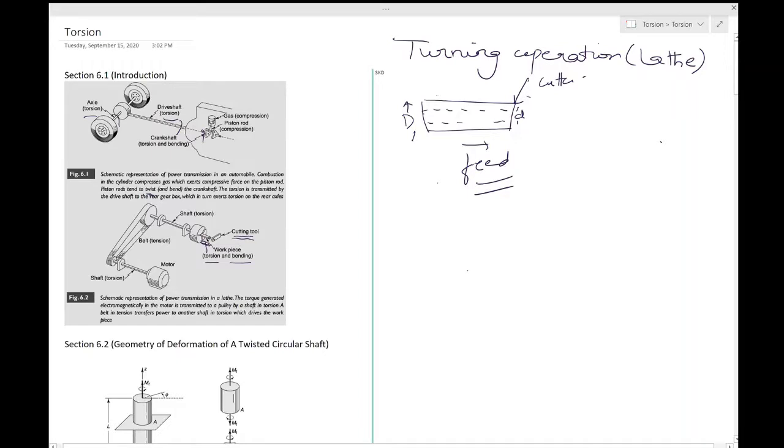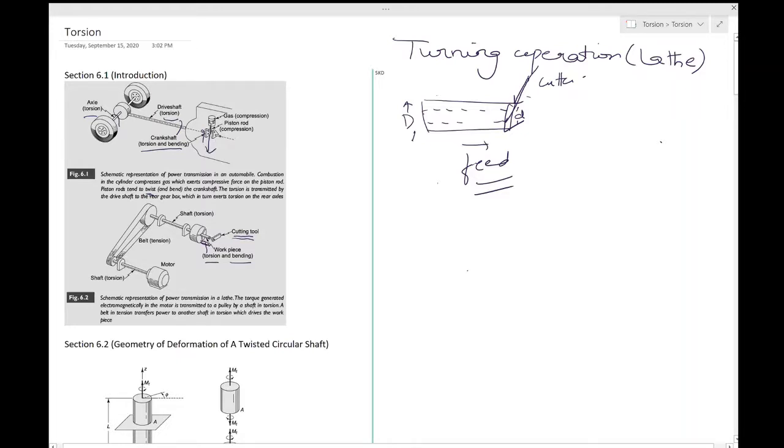Torsion because it is trying to rotate, and as soon as you have a rotation with those connections, there will be torsion, automatically a twisting effect. And bending because this tool will also apply a force like this, so there will also be a bending over here, just like you had it over here. In this case, the force would be acting like this also, other than the rotation which is happening.